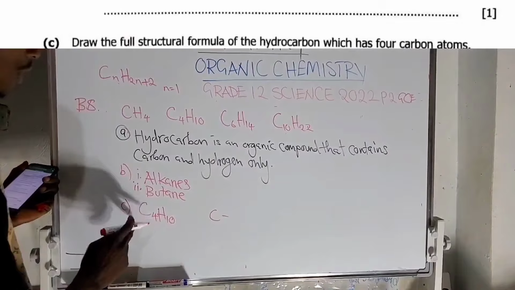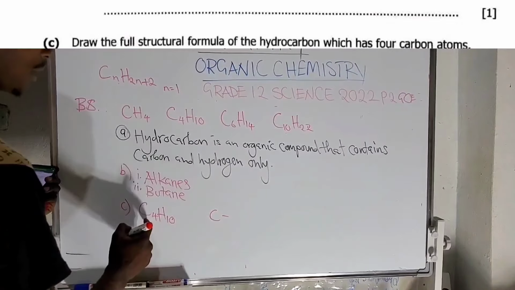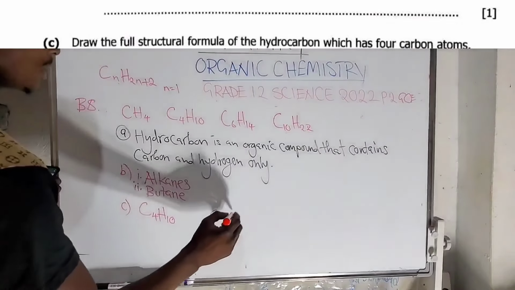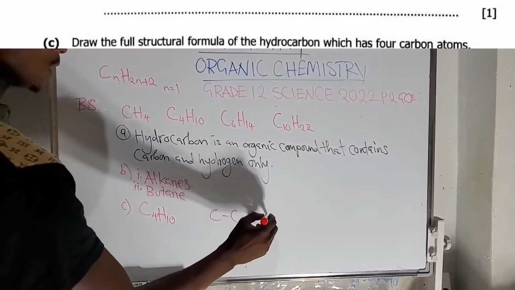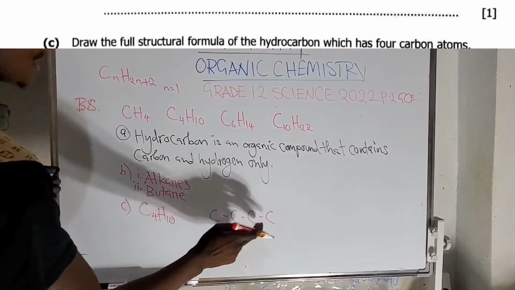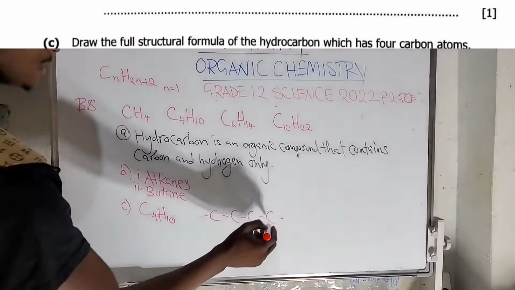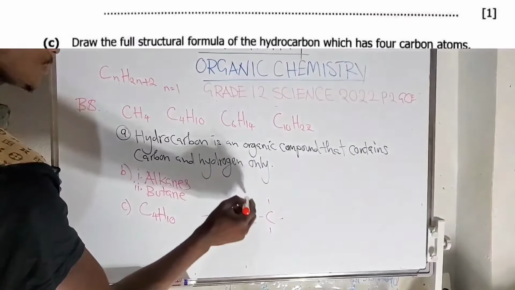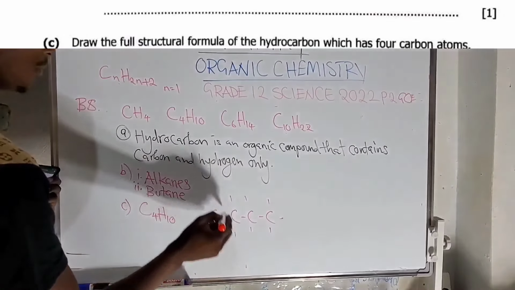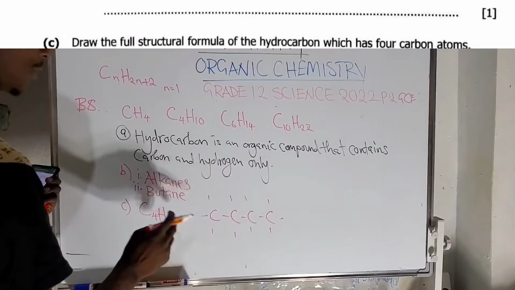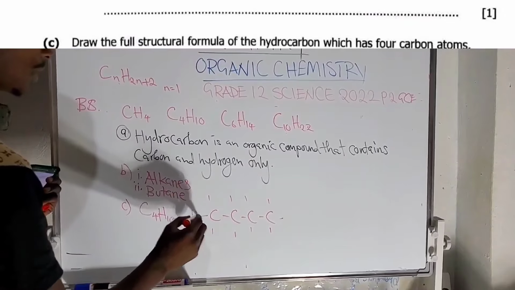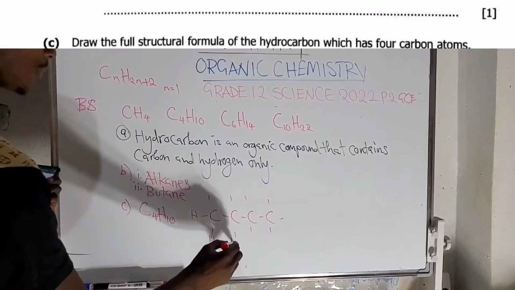So since we have 4 carbon atoms, it will be C to C to C to C. This is a single bond. Alkanes have single bonds. Hydrogen here. So this is where hydrogen atoms will be. Okay? And we have 10 of them. So we have 1, 2, 3.